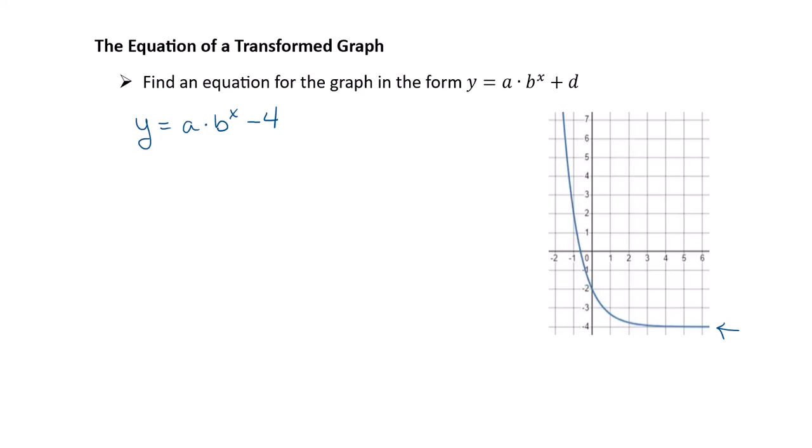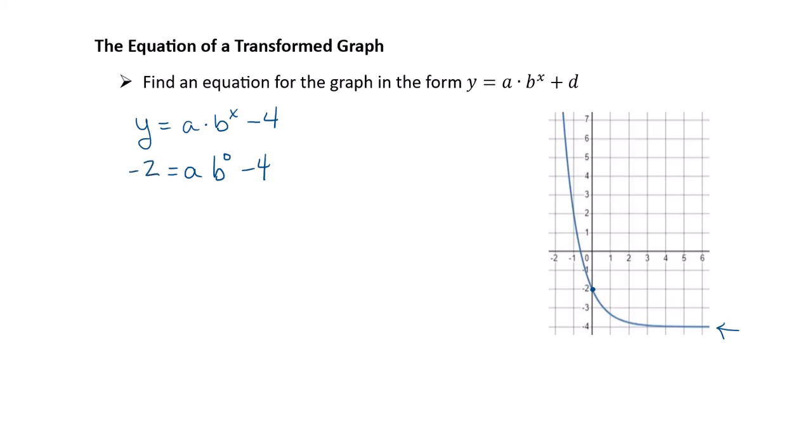Now let's see if we can pick out a point to put into the function. I've got a point here of maybe, let's try 0, -2. That's a good point. If x is 0, then y equals -2.